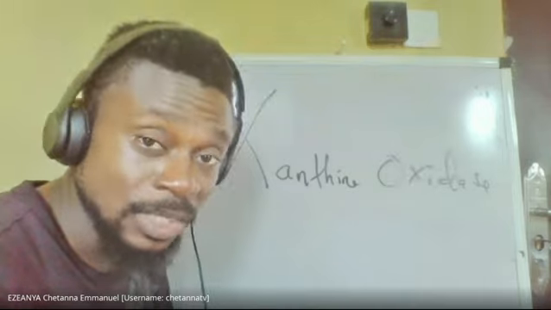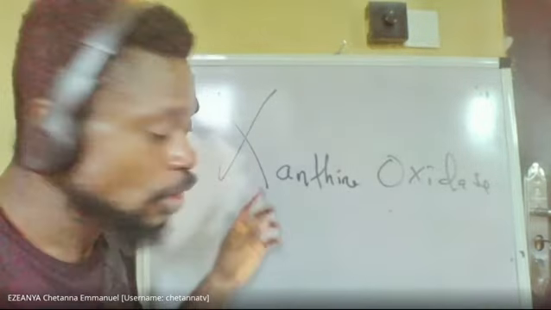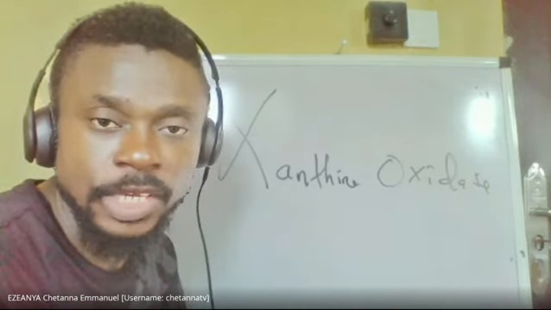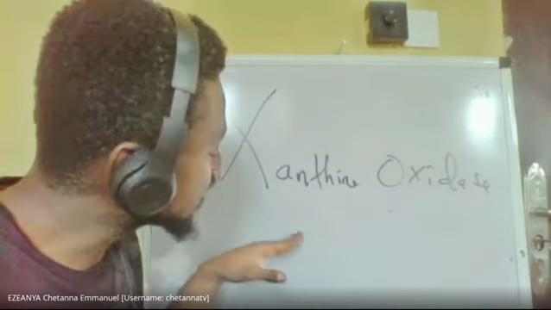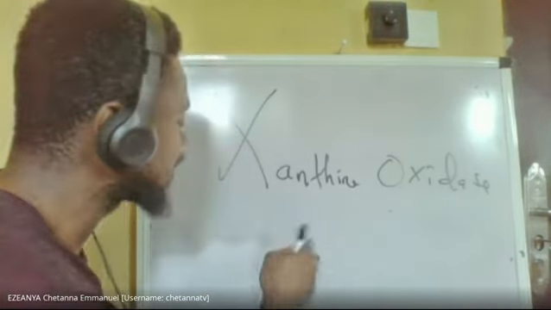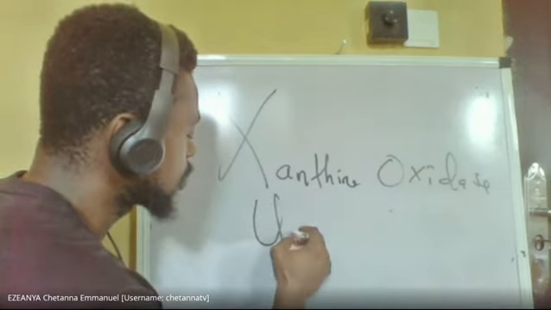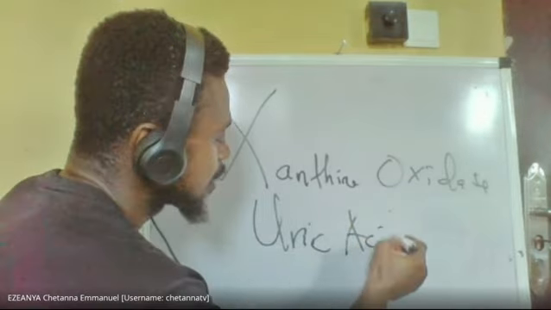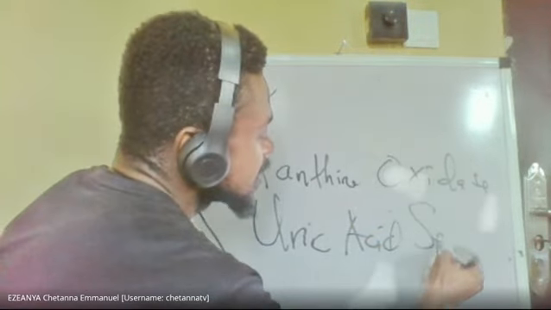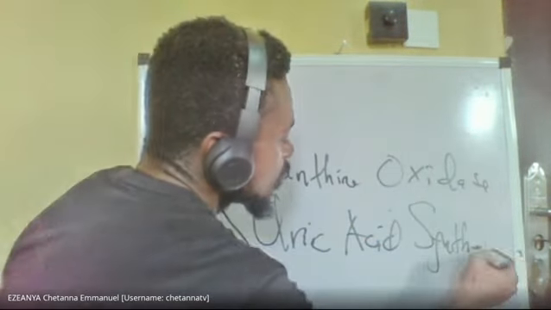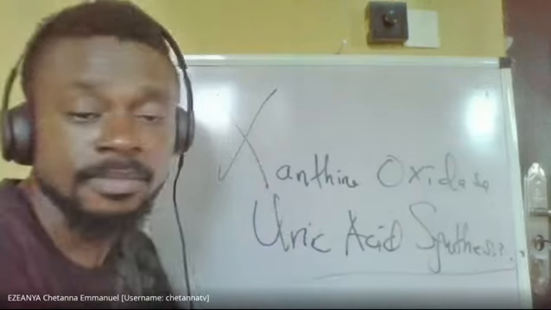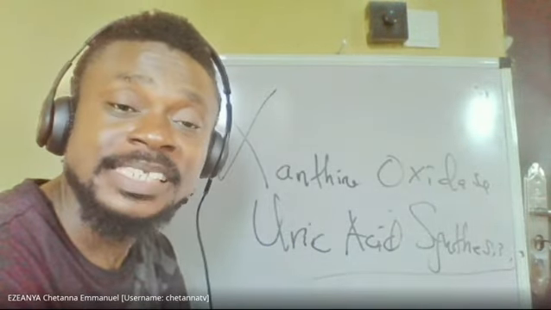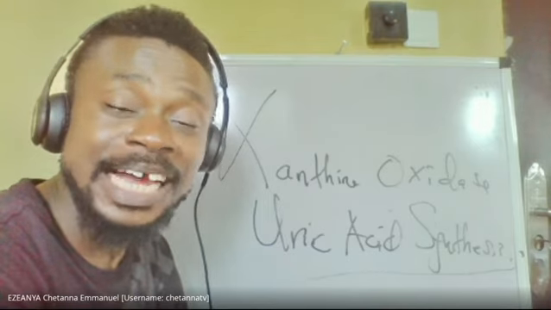Please note that. So if this enzyme is inhibited, then the uric acid synthesis will be truncated, thereby preventing uric acid formation.